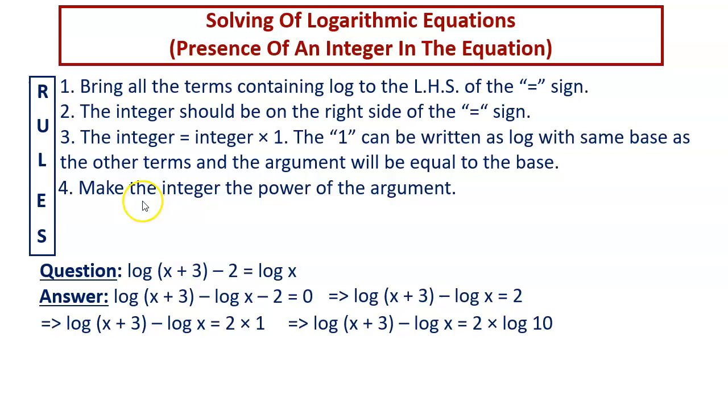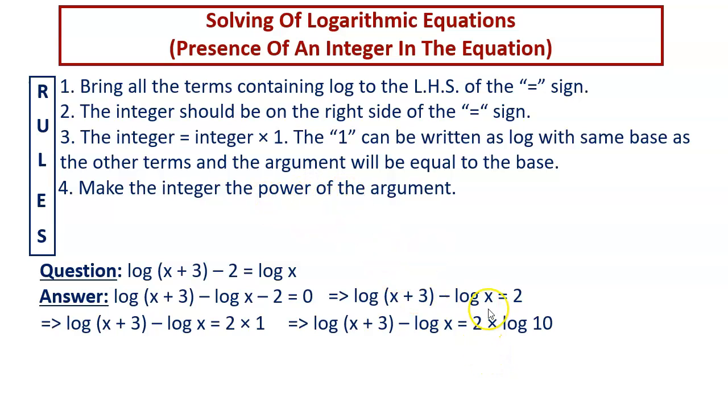Fourth rule, make the integer the power of the argument. In this case, it is just this term which is having some coefficient. Make the integer, meaning this one, the power of the argument.